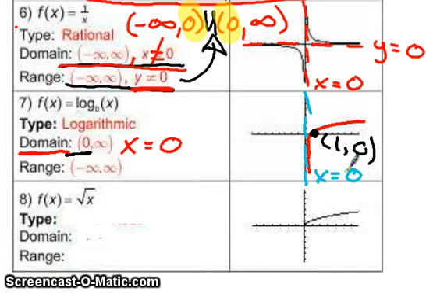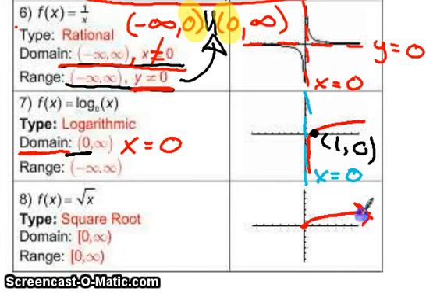Now the final question on our actual worksheet is the square root function. The square root function has a domain of 0 to infinity, and the range is the exact same thing, 0 to infinity. So we start at the origin and curve up slowly, and it's going to keep going in that general direction.